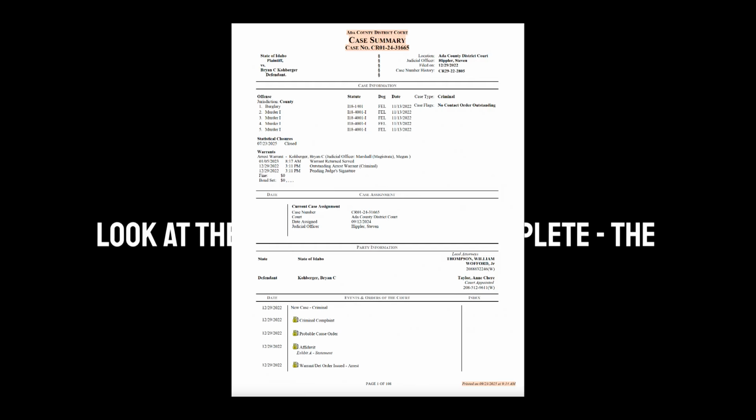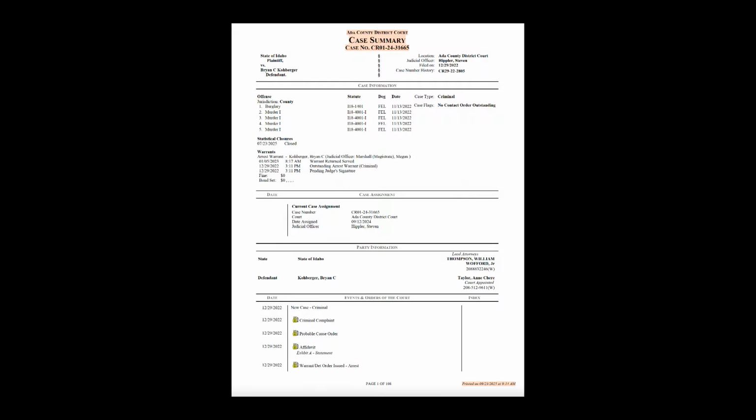Let's look at the first page of the 108-page document. They both look the same. Basically, where it has the case number, it has who the plaintiff is, it has who the defendant is, and then it has the offenses here of what the 5 charges that were brought against Mr. Kohberger by operation of the indictment that was issued by the Latah County Grand Jury back in May of 2023.